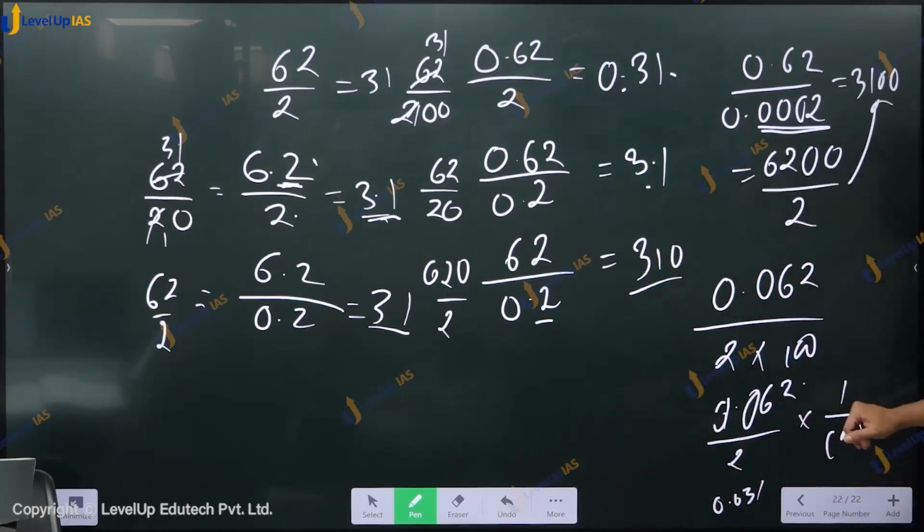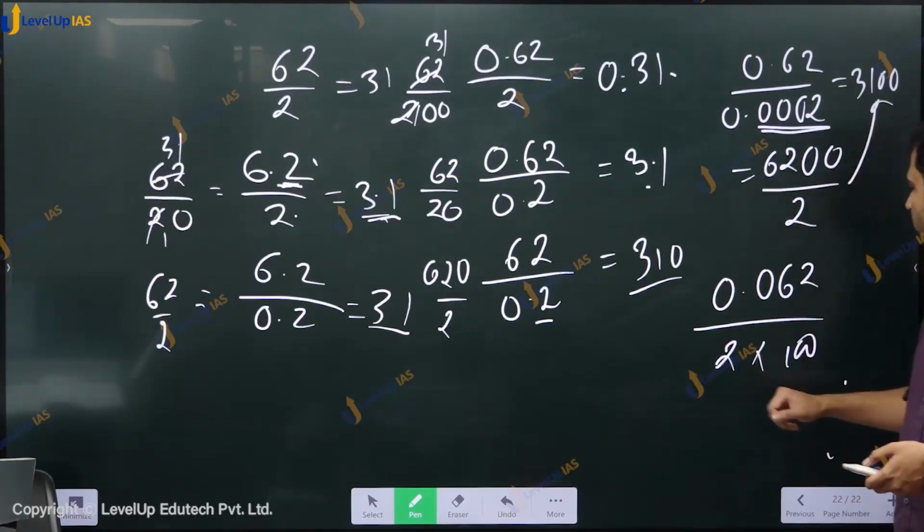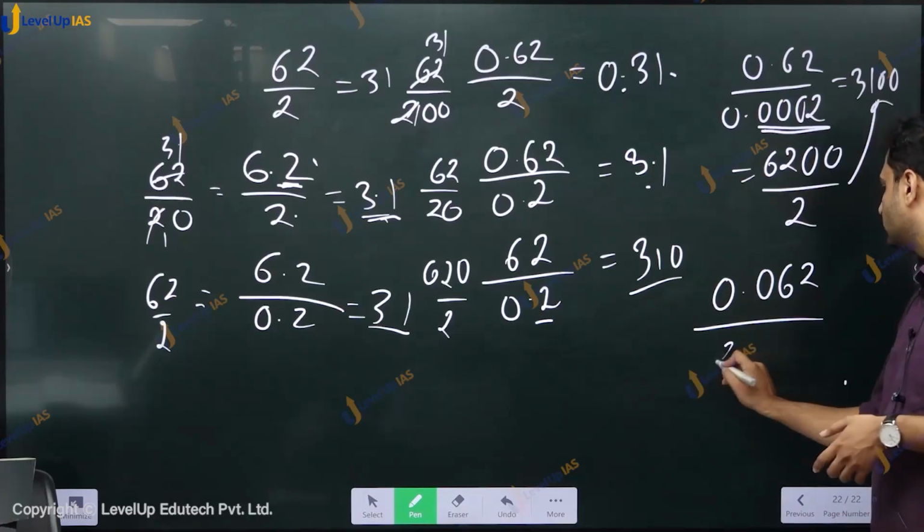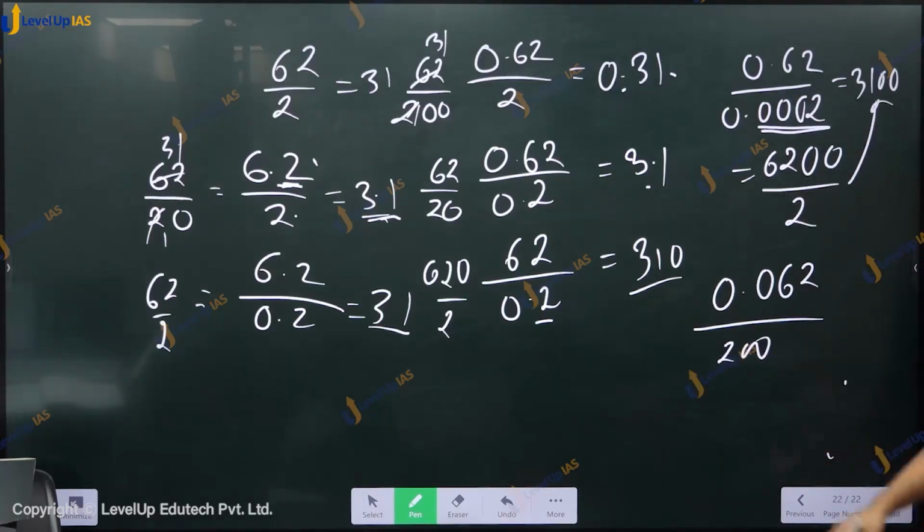लेट अस गेट रिड ऑफ द डेसिमल पॉइंट हियर. क्या है ये? मल्टीप्लाई बाय 1000. So this would be 62 by 200 into 1000 is 10. 3 0 ऐड हो जाएंगे. Now you can perform this.